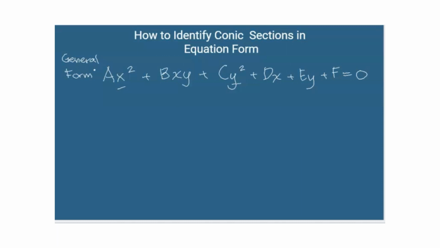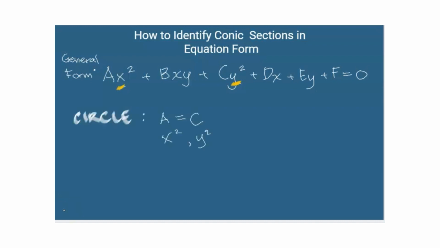But not every conic section has all these constants. But an equation, for it to be conic, must have an x squared and a y squared. If neither x nor y is squared, then the equation is not a conic section.